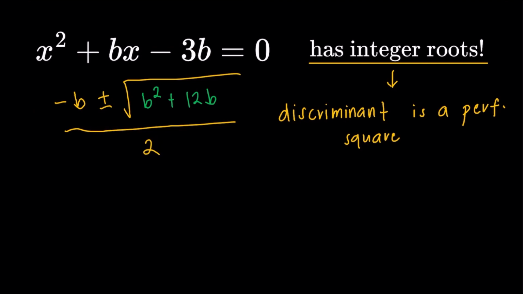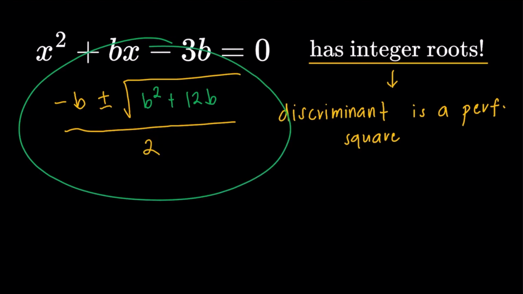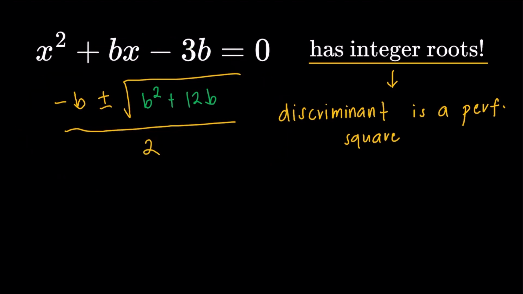Now, b is an integer, so the discriminant is an integer. If the discriminant is not a perfect square, then the radical is going to be irrational, which is going to cause this entire thing to be irrational. But we know that's not true because the roots are integers.